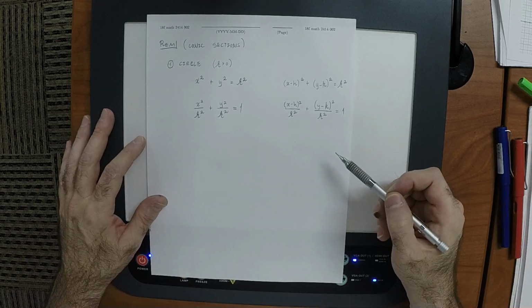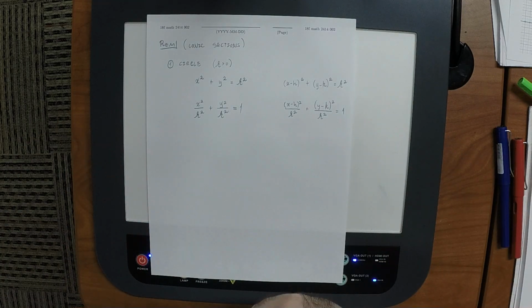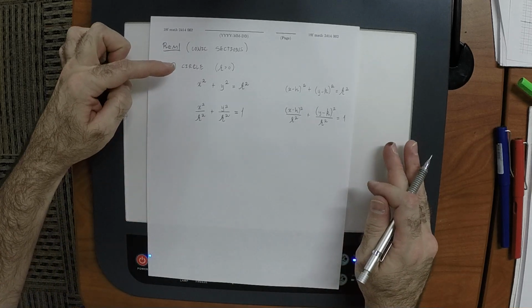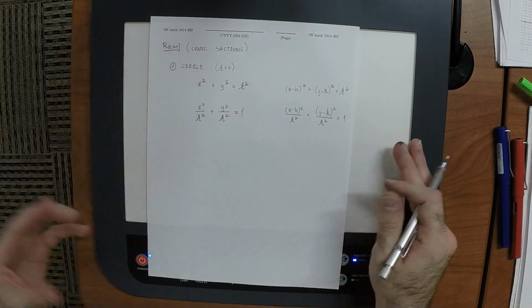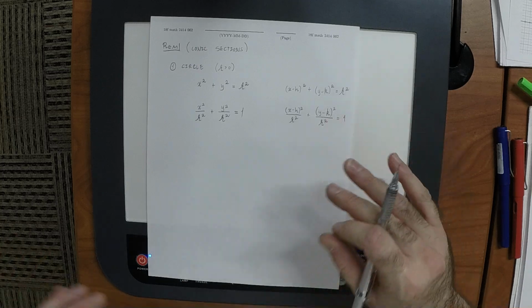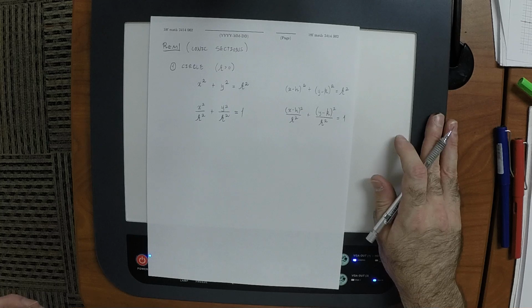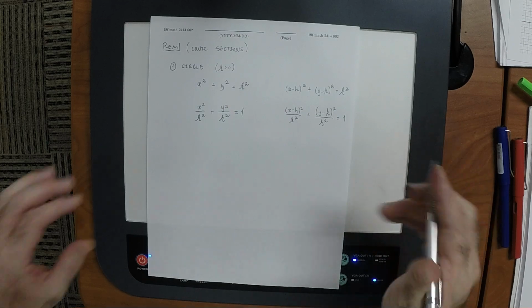Now, the reason for me to do that is that if you take a circle and squish it a little bit, just right, or smear it out, if you want to think of it that way, then what's the name of that conic section? An ellipse, right?